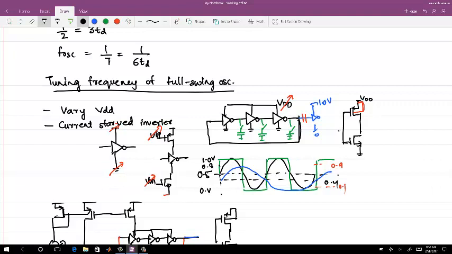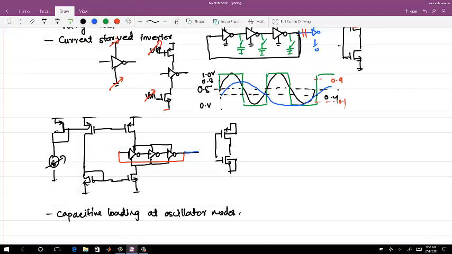So if you want to make a very wide range ring oscillator, you can use this supply variation and the capacitor loading combined. And you can also say I can use the capacitor loading to compensate for the process variation, and for the frequency variation I am still going to use VDD.